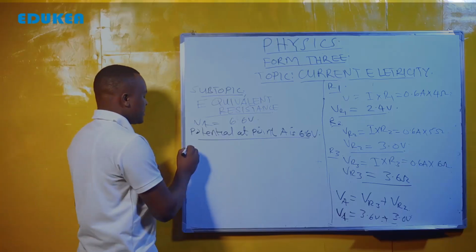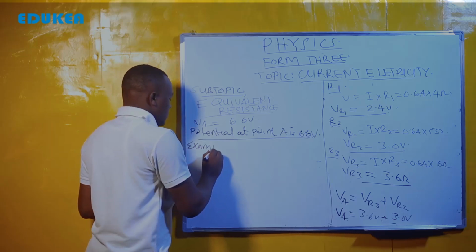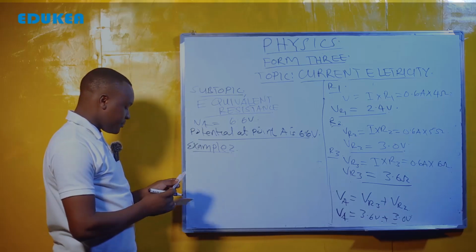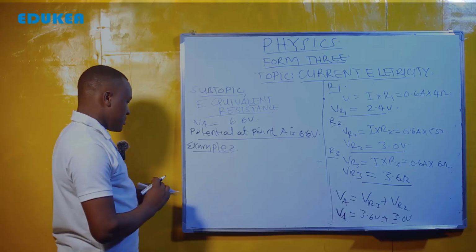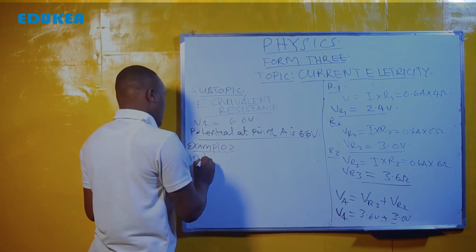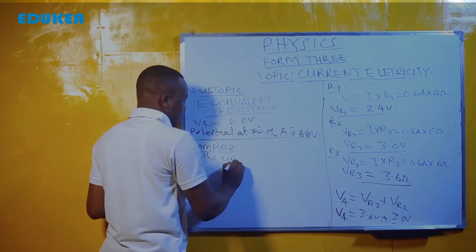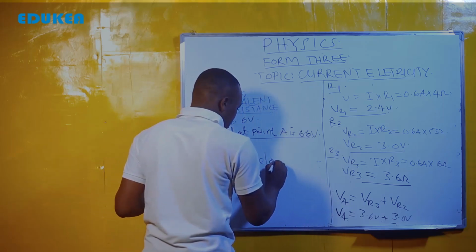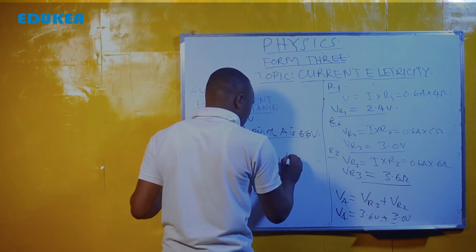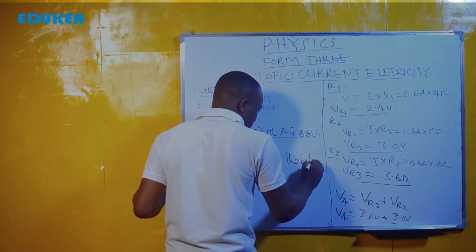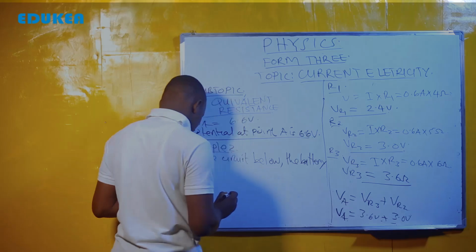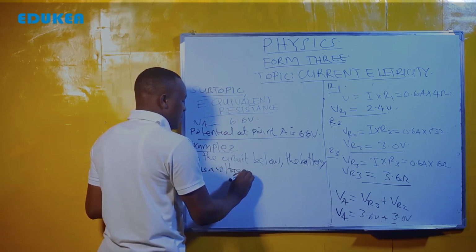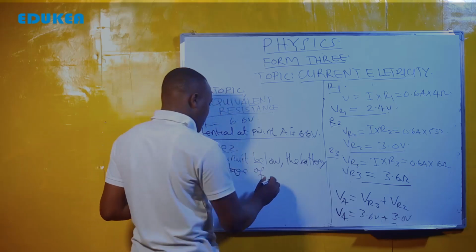So now let's look at another example. Example number 2. In the circuit below, the battery has a voltage of 9 volt.